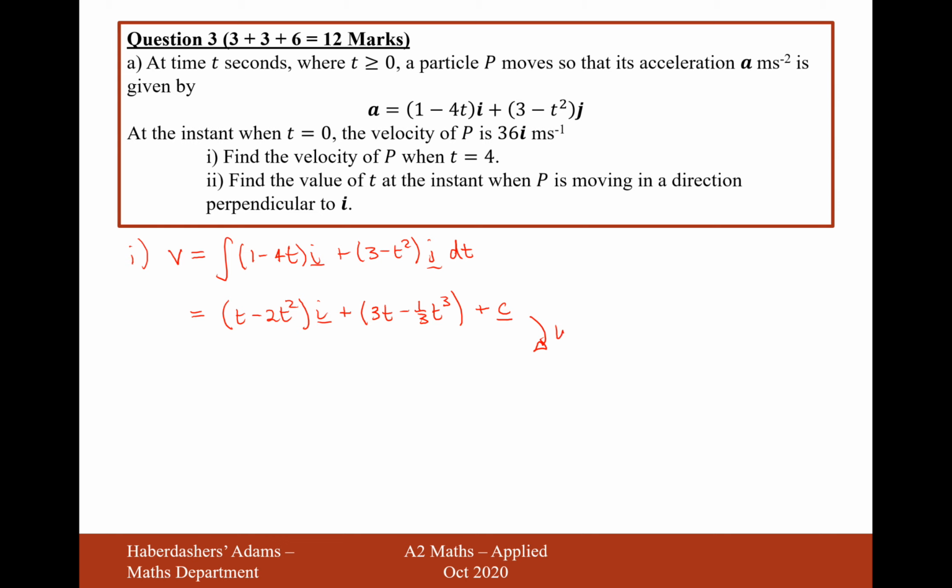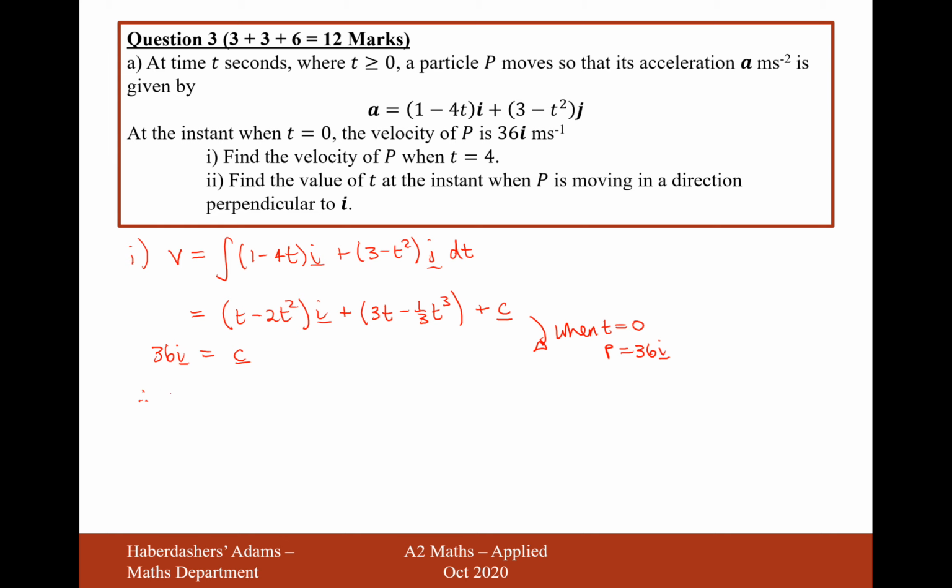So we know that when t equals 0, P has velocity 36i. So what we can then type into that is 36i equals, now when you plug in t equals 0, you're going to get all of that equaling 0, all of that equaling 0, so that's just going to equal our c value. So there's no j component, just an i component.